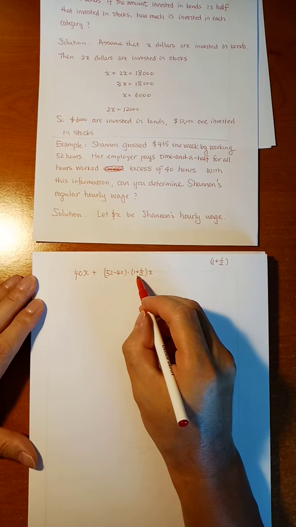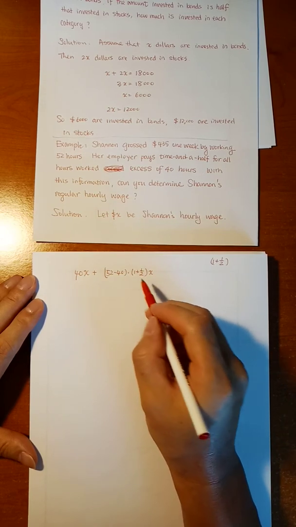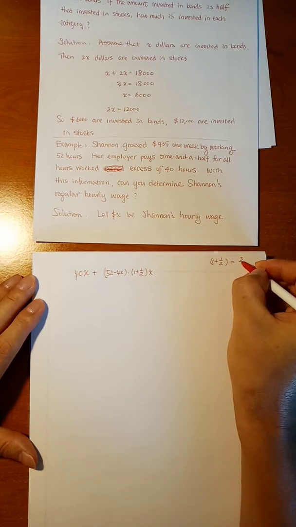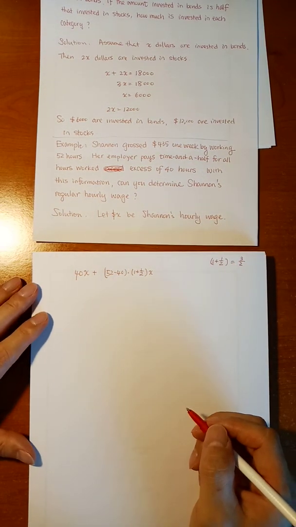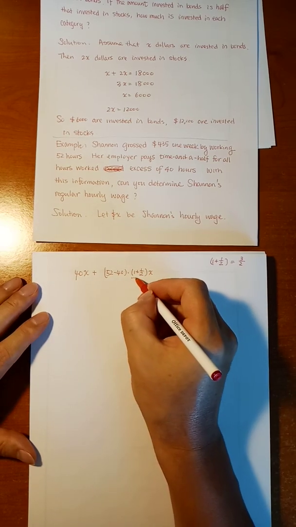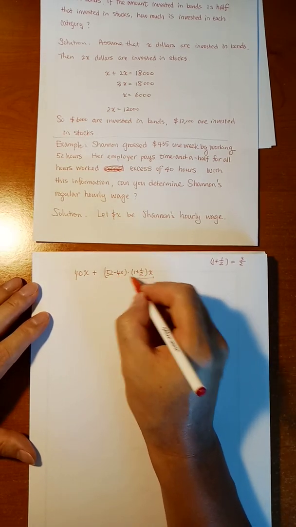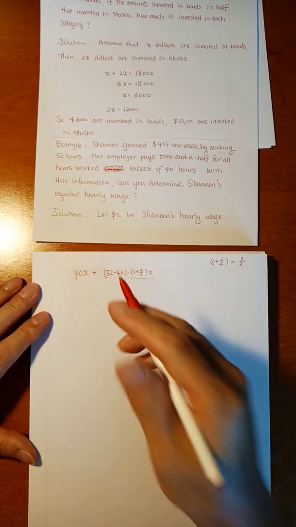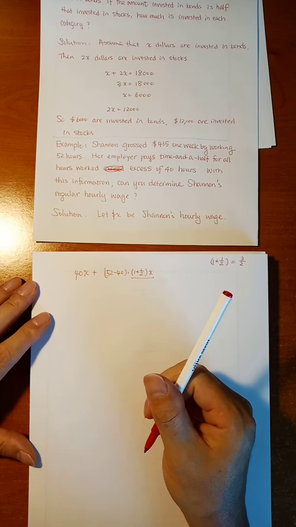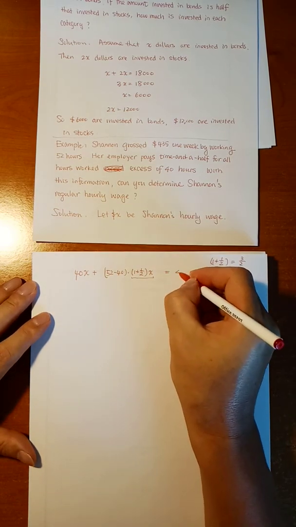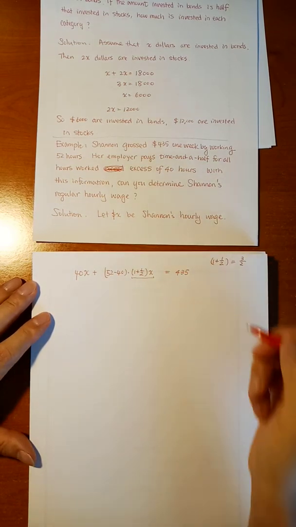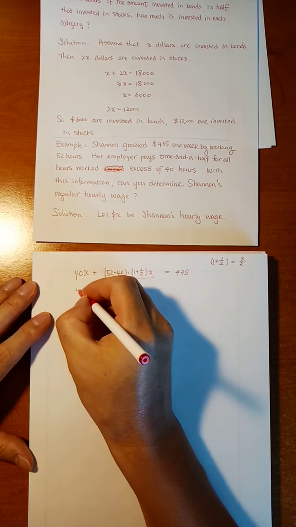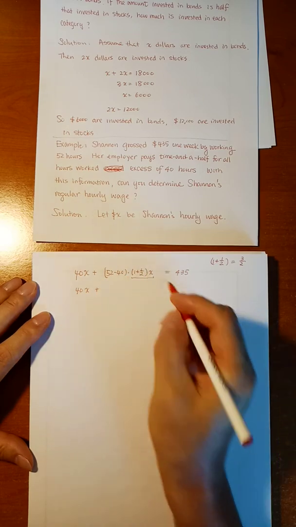So 12 times 3/2 x plus 40x, the regular wage for the first 40 hours. The total is $435, right?